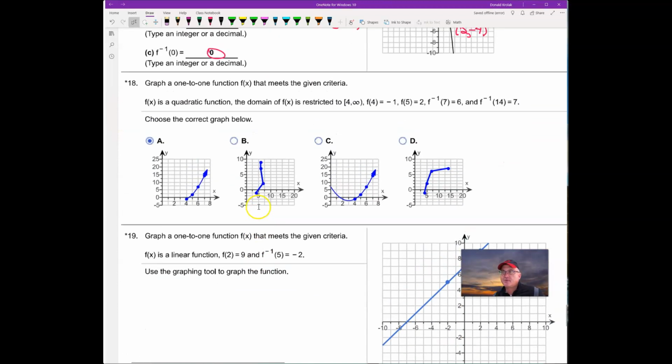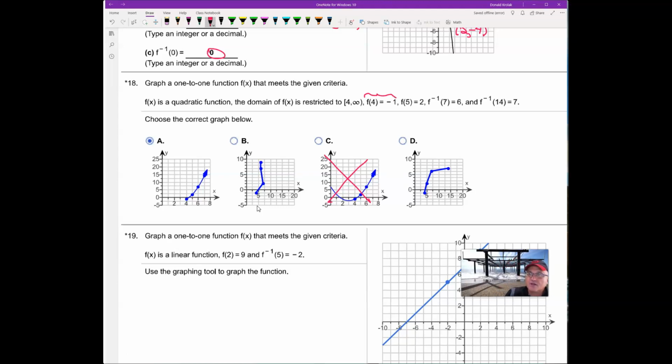All right. Graph a one-to-one function that meets the criteria. Okay, so we know that the domain is from 4 over. All right, so it's going to be 4 to infinity and include 4, so I know it can't be that. Okay, so it could possibly be these three. Now, when I look at these points, this is the original.